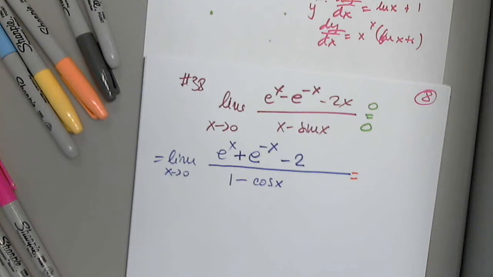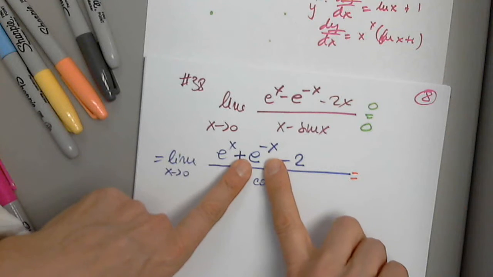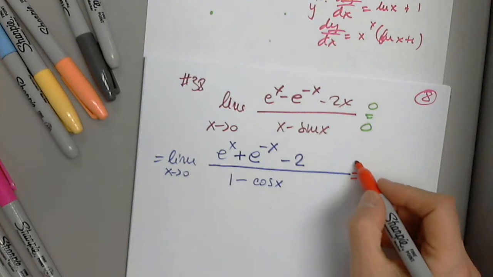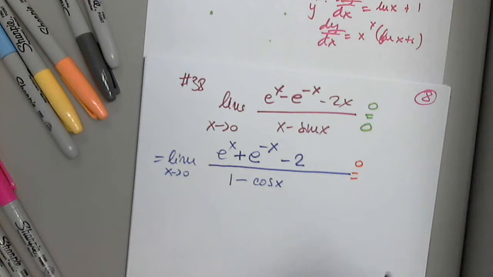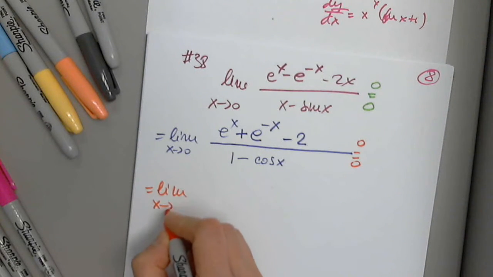Good. What is the top? This approaches 1 plus 1, 2 minus 2. Excellent. Cosine 0, 1 minus 1. Good. Nice. Limit as x approaches 0.